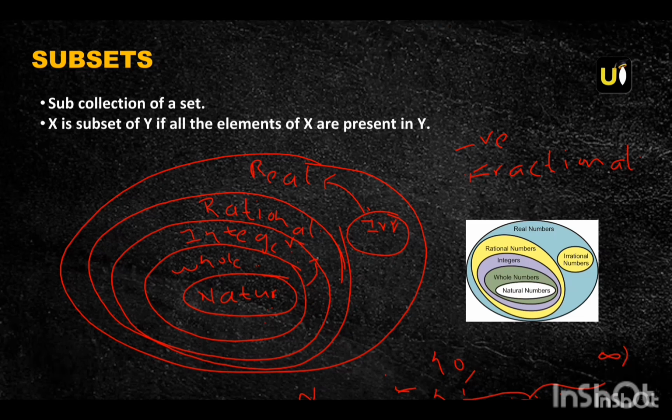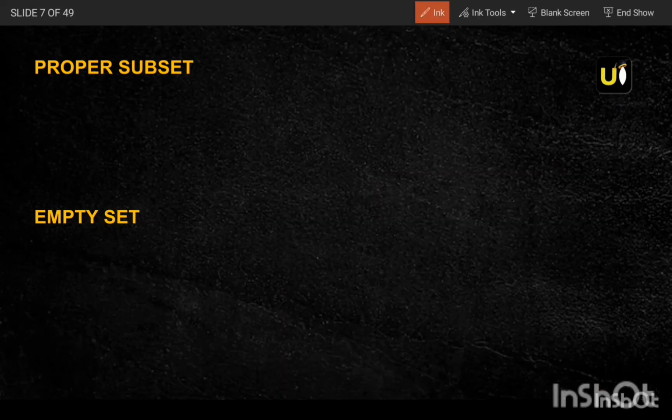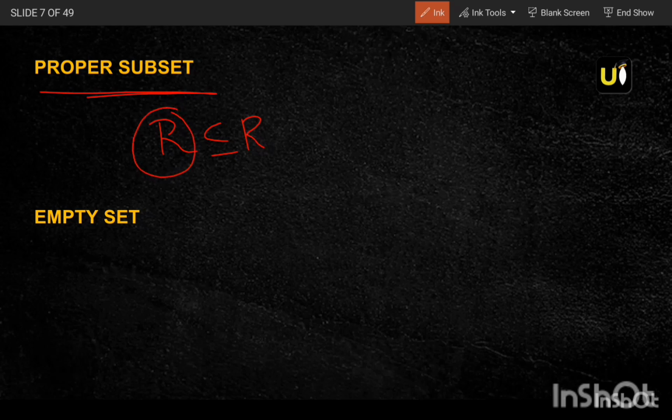Okay, this is one example for subsets. What is a proper subset? Here we can say that every set is a subset of itself, because every element in this particular set will be an element of that set itself. So then what is a proper subset?